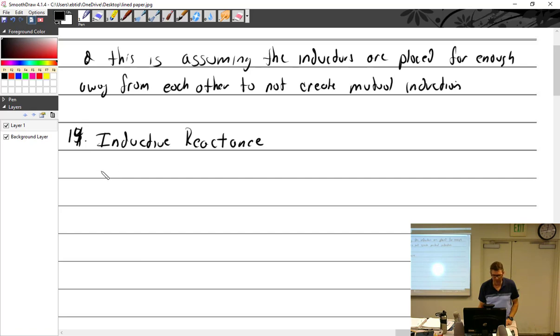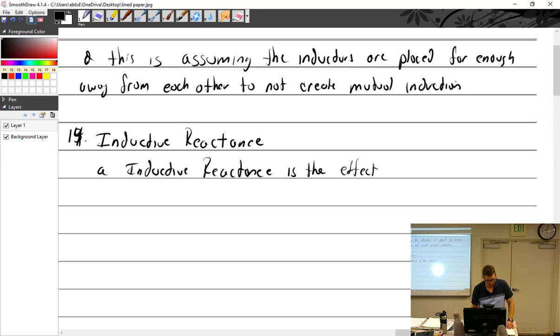Inductive reactance is the effect of inductance on a circuit. It is, let's say measured.